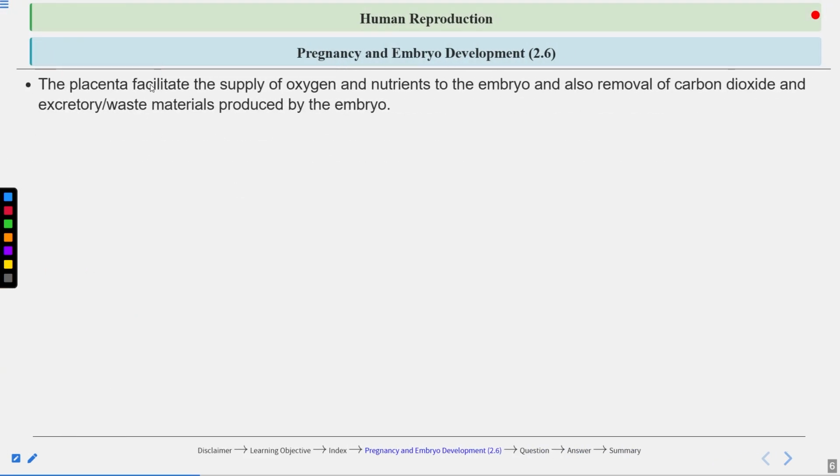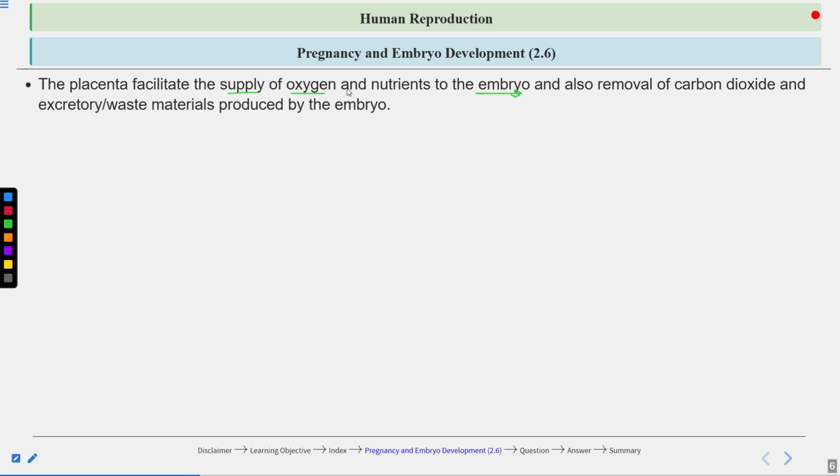Now, what is the function of the placenta? It facilitates the supply of oxygen and nutrients to the embryo. Oxygen is required to carry out all the metabolic activities. Through oxygen, breakdown of compounds is done and energy is released.